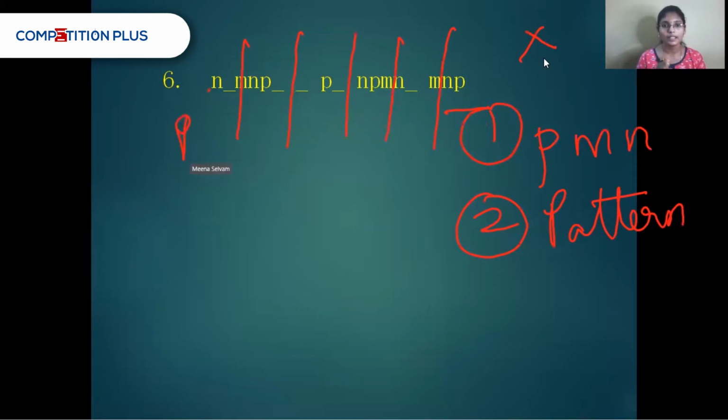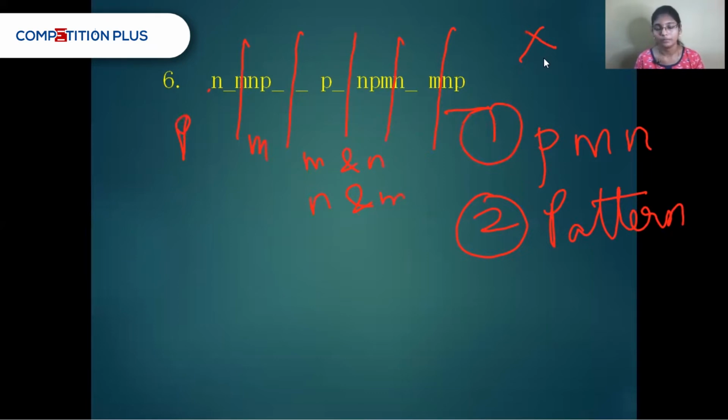Next three letters set is N, P, and M is missing. Next two letters are also missing, so it can be M and N or N and M. Two ways are possible. We can make it clear by looking at the options, to see in which option the third letter comes exactly as per our answer.